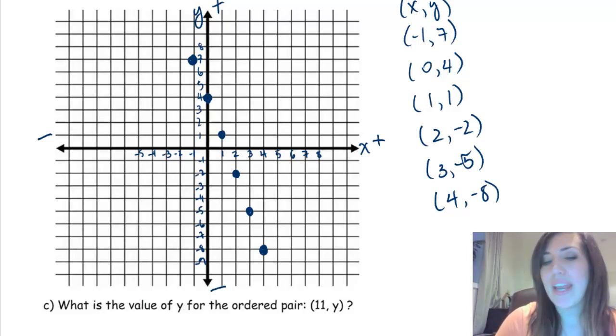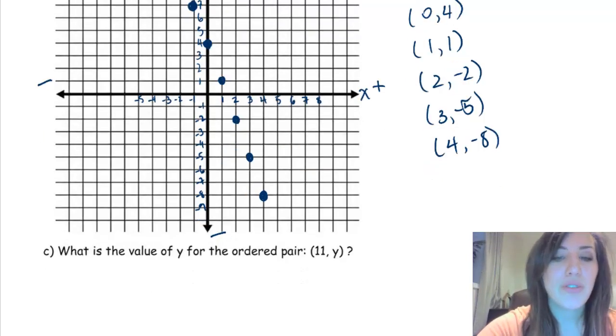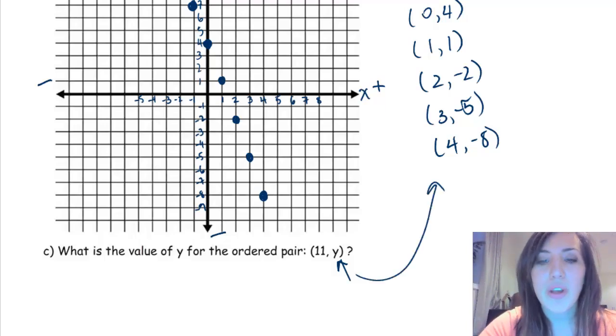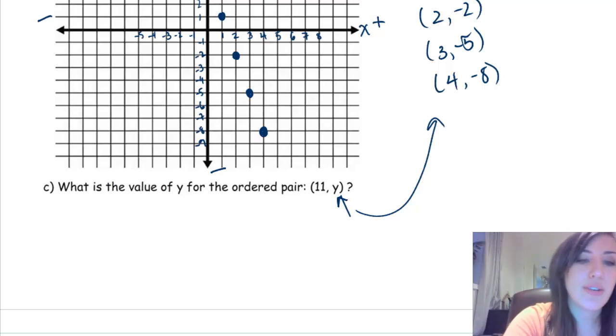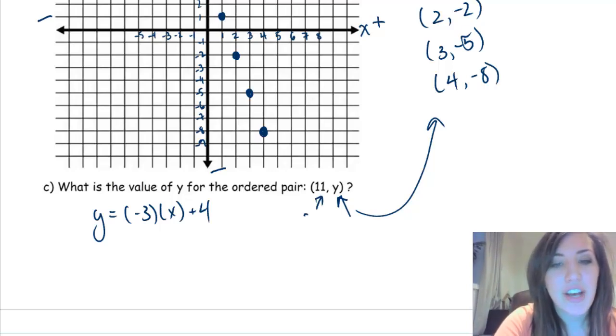Now, what happens if you have an ordered pair where you don't know one of the values? So this ordered pair is just kind of like these guys, except you only know one of them. Well, you can plug into your equation. The original equation was y equals negative 3 times x plus 4. You can plug in, this is the x value, and then you can figure out what the y is.